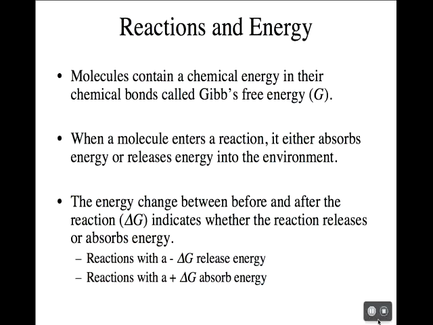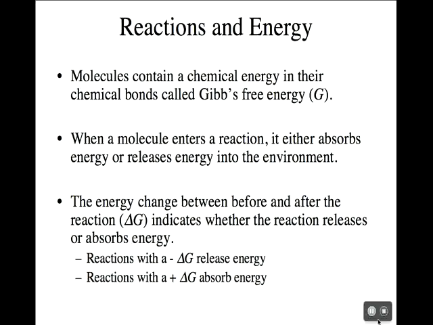A couple of words about energy and what energy is and types of reactions here. It turns out that all molecules have a type of potential energy called chemical energy in their bonds.